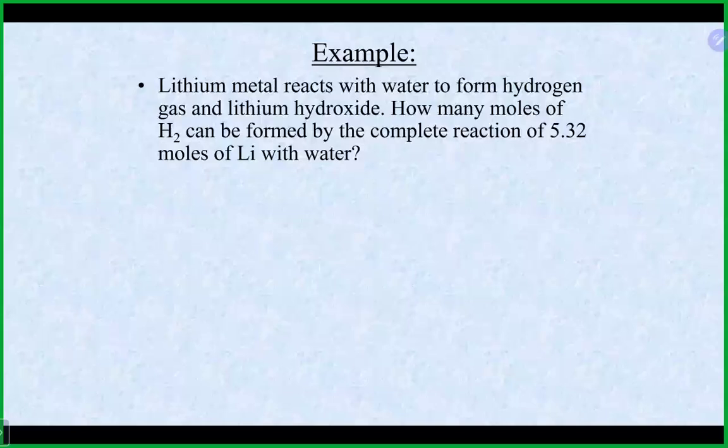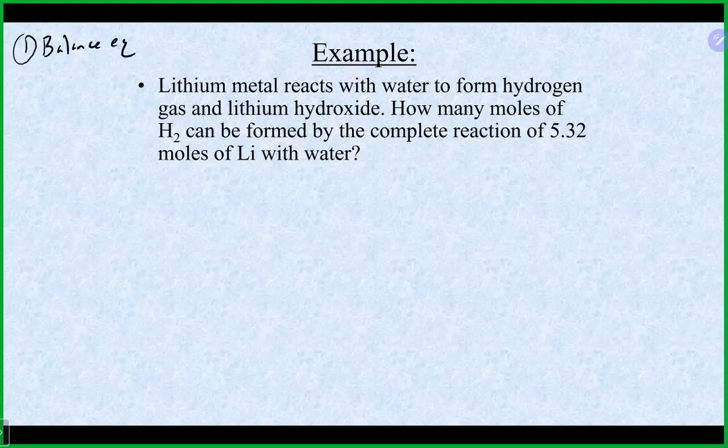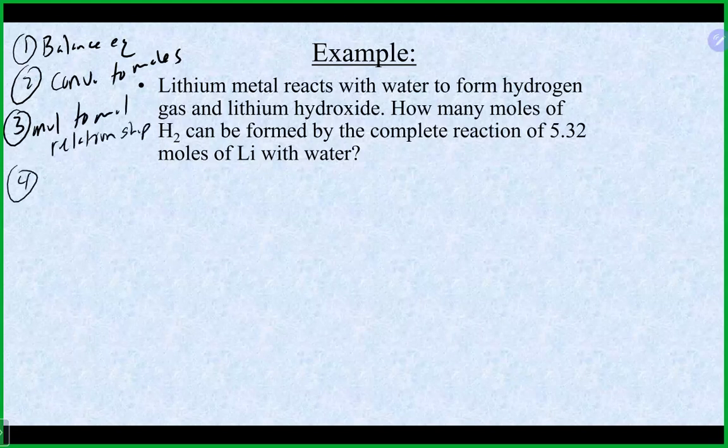Again, go through the 4 steps and see what you come up with. Once again, they are: balance an equation, convert to moles, mole to mole relationship from the equation, and moles to some other unit. All right, so take a few moments, see what you come up with here.